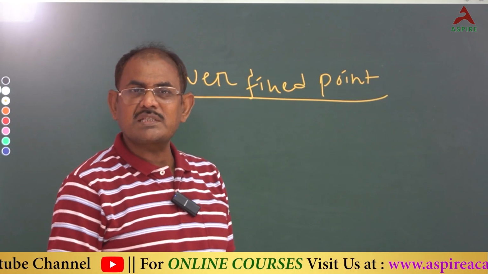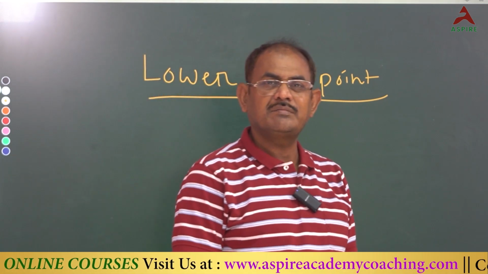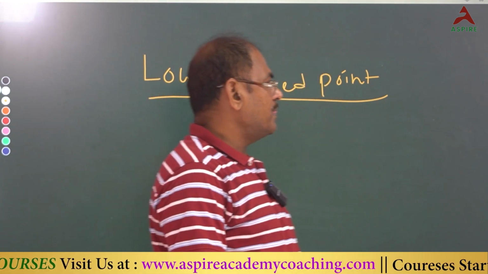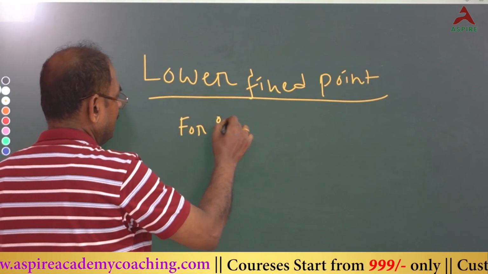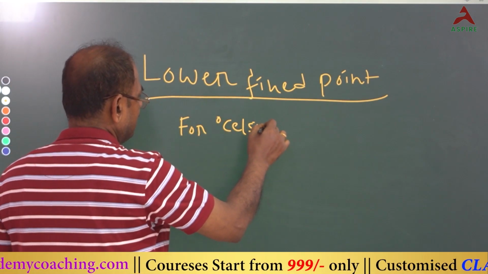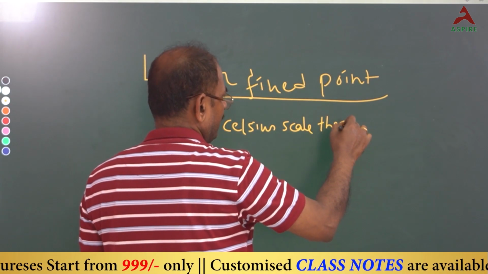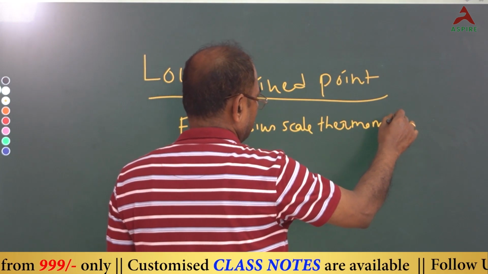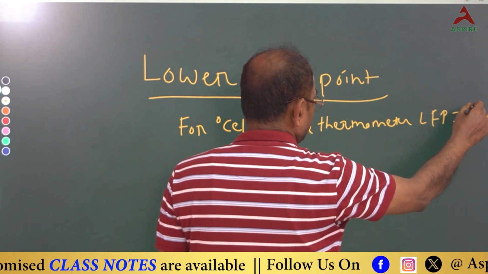And for different scales of thermometer, the lower fixed points are different. For example, for the degree Celsius scale thermometer, the lower fixed point is 0 degree Celsius.